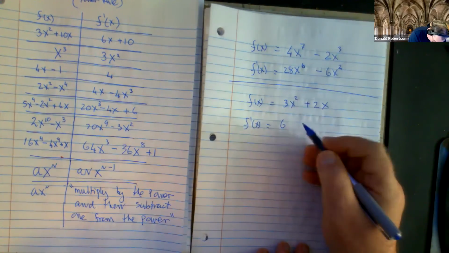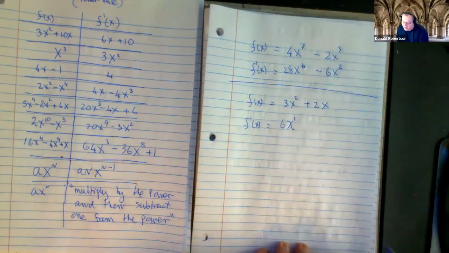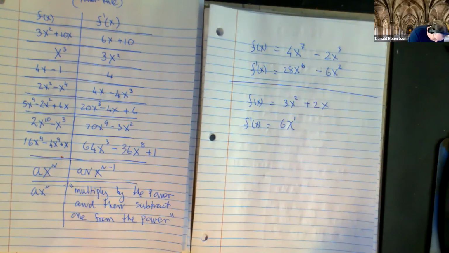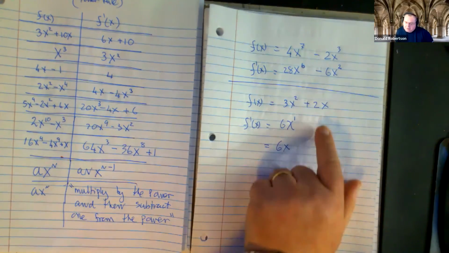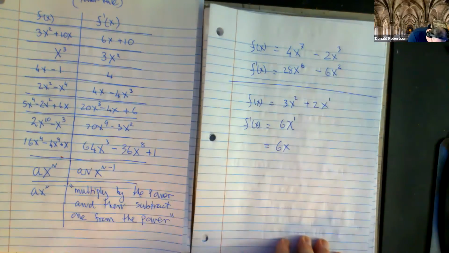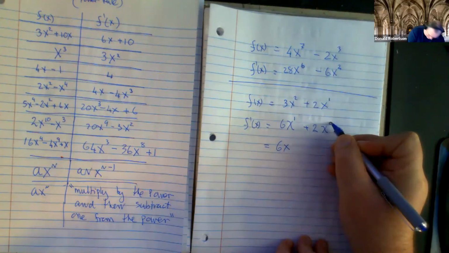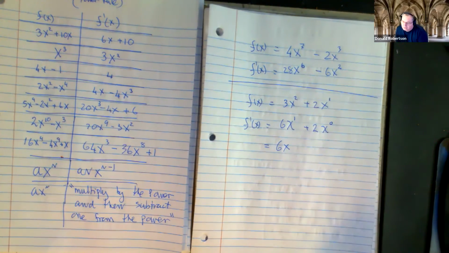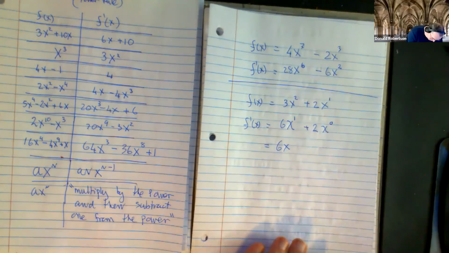Multiply by the power and reduce the power by 1. Technically, that. But we never write that, do we? Just write 6x. That's not a biggie. Now this one, I'm going to actually put the 1 in. You multiply by the power, and then you reduce the power by 1. Technically, x to the 0. But isn't x to the 0 equal to 1? And so you get 2.